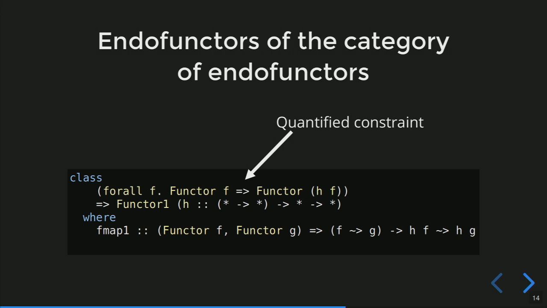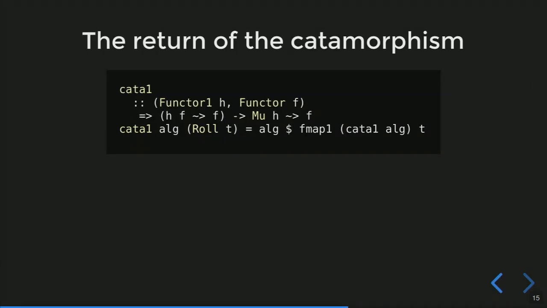My point is that it's not purely for fun. We're going to get quite a bit out of this. So we can continue, and get this one step up catamorphism by saying, oh, what functors do I need? Okay, I forgot a constraint, but it's okay. So H is a Functor1, F is a functor, F is an algebra of H. That's the first thing.